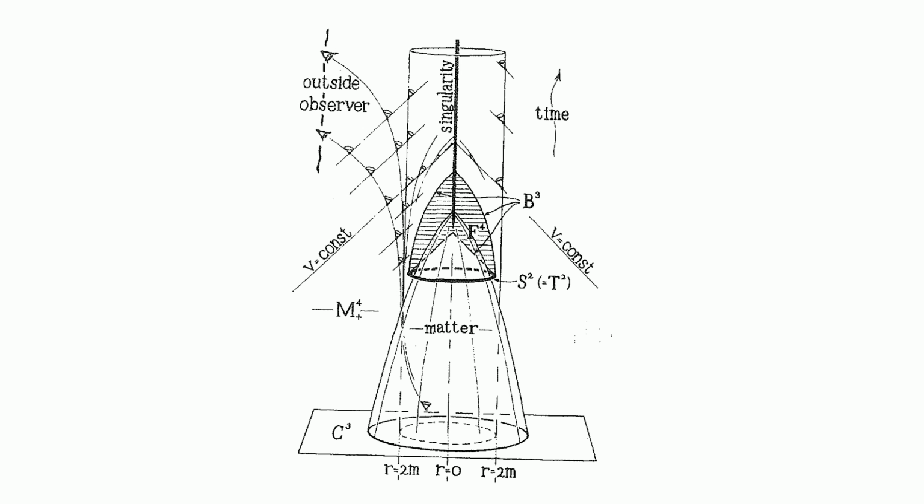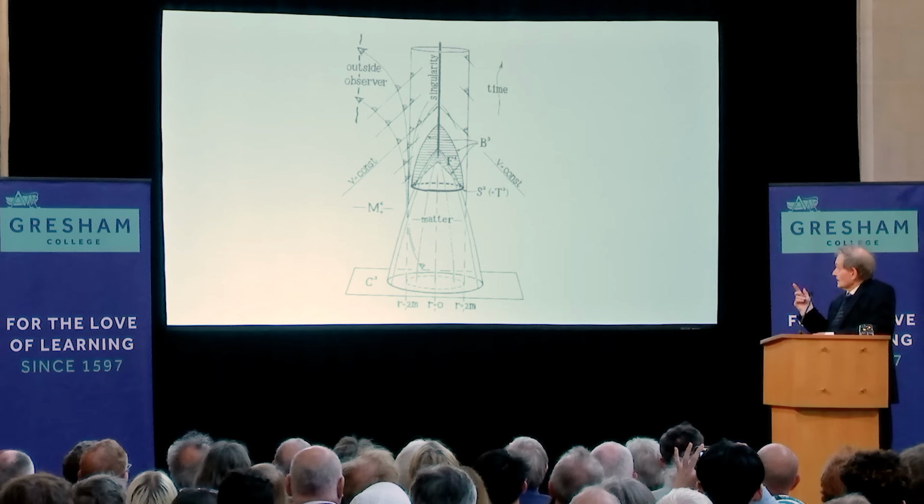Now, the future of that surface is what I've indicated. When I say the future, I'm considering all the points that you could reach by lines drawn within the cones. Those are what are called causal lines or chronological lines. A particle has to travel with less than the speed of light.